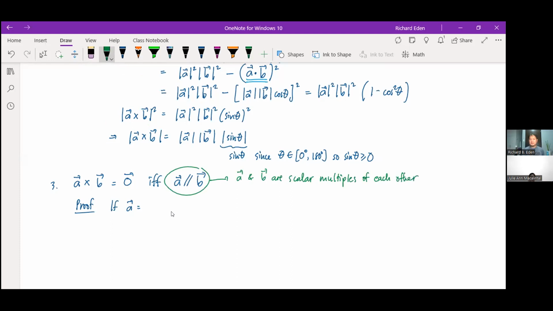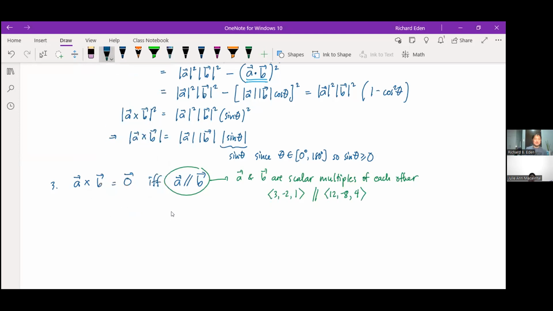Okay, so for example, if you look at 3, -2, 1, this is parallel to 12, -8, 4. Because the latter vector is 4 times the first one, and vice versa, the first one is 1/4 of the second vector.